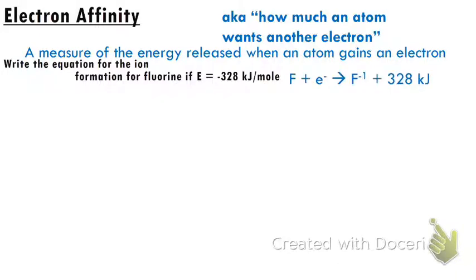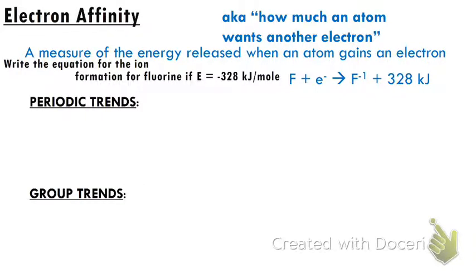So we're going to write this equation to show this energy being released. Make sure that goes up next to where it asks you to write the equation, because we are going to have to summarize the periodic trends and the group trends underneath that. So, a quick word about this equation. I'm not going to ask you to write these in the future, but this just shows fluorine adding an electron to it. And when fluorine becomes a -1 charge after gaining that electron, it releases this energy.